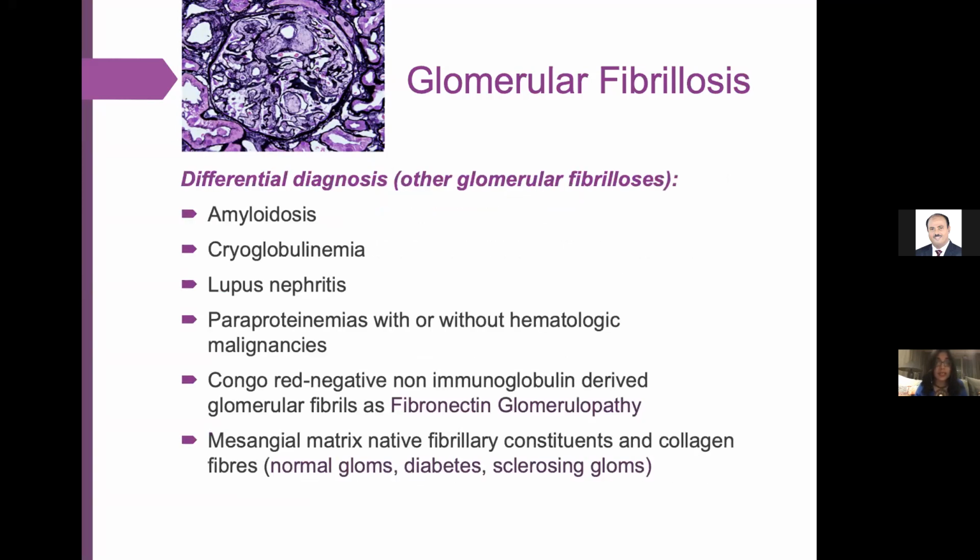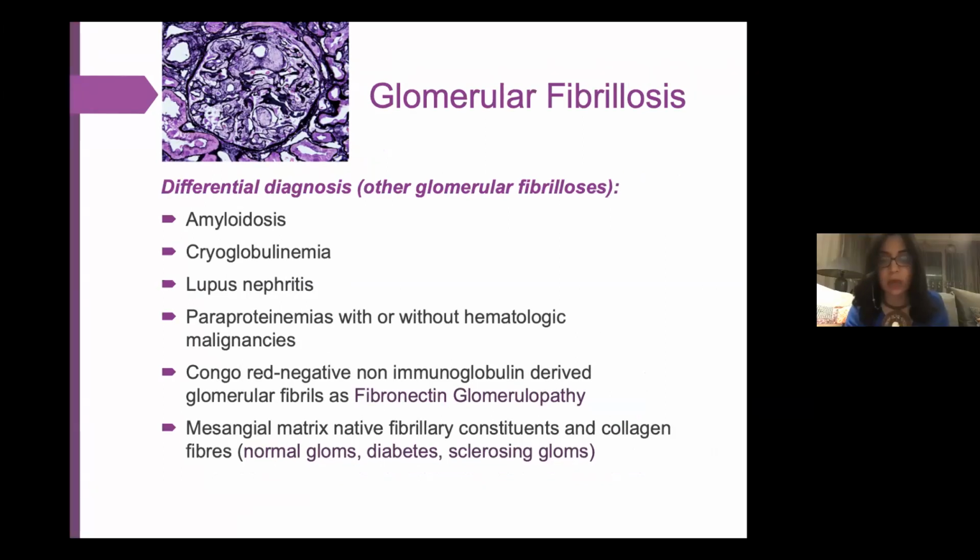So the differential diagnosis of glomerular fibrillosis, which can include other things than fibrillary and immunotactoid, will include amyloidosis, of course, cryoglobulinemia, lupus nephritis, paraproteinemias with or without hematological malignancies. We have already discussed this. It can include Congo-red negative, non-immunoglobulin-derived glomerular fibrils as a rare disease, which is known as fibronectin glomerulopathy, and also can include increase in the native normal fibrillary constituents of the mesangium, because this is what you get normally in your glomerulus.